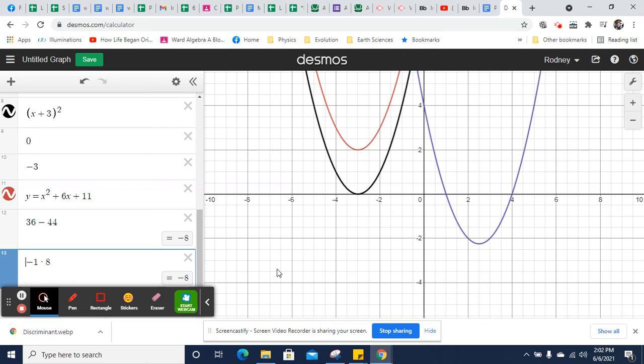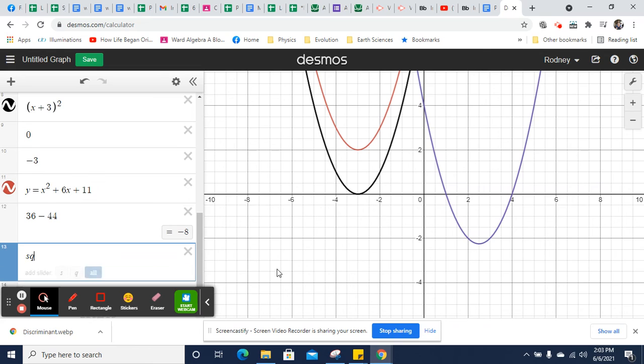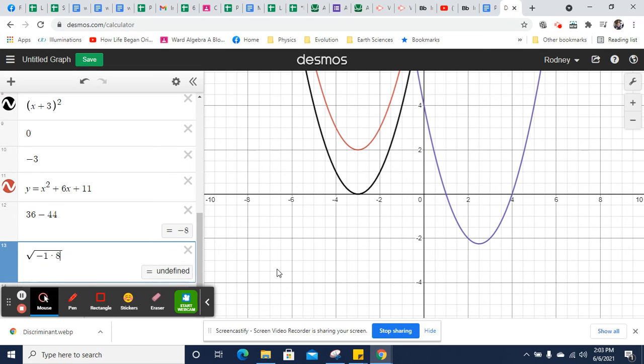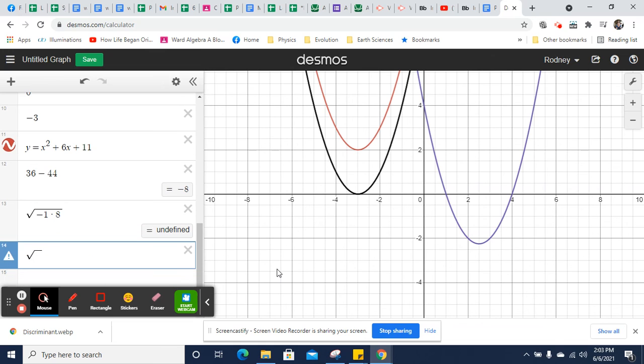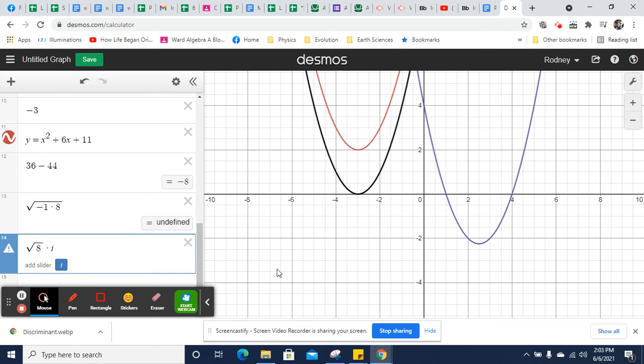And we can do that. It's actually doable. It's not that horrible to do. The square root of that, and Desmos will say it's undefined, is going to equal the square root of 8 times the square root of negative 1. And the square root of negative 1 we depict as the letter i.